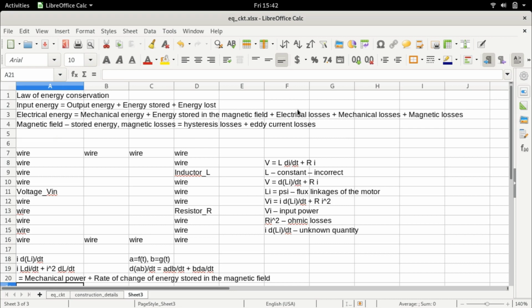So how we're going to equate all these electrical losses, mechanical losses, magnetic losses, and how we are going to represent all these losses by this simple resistance is for now not necessary.